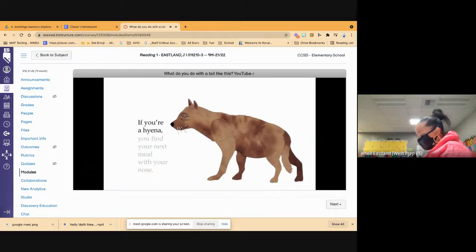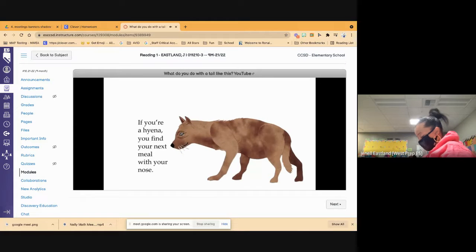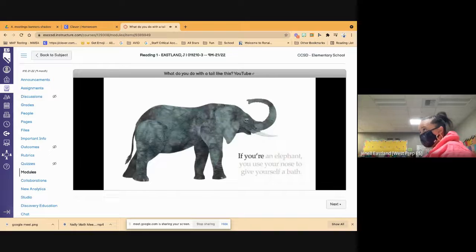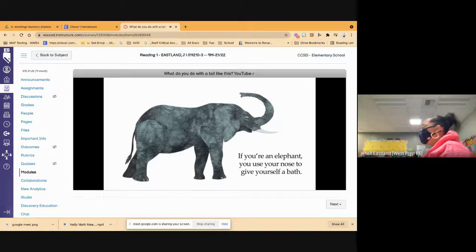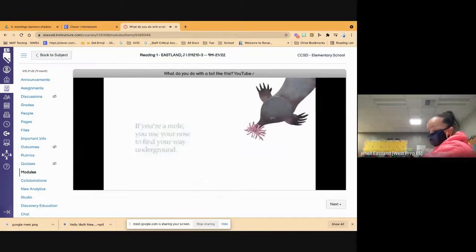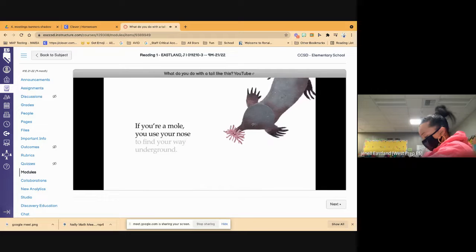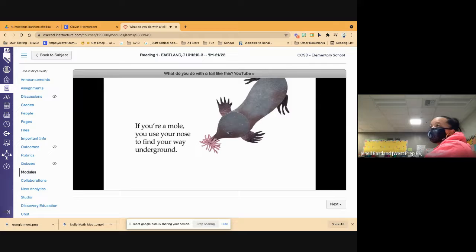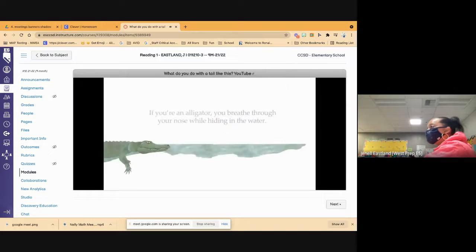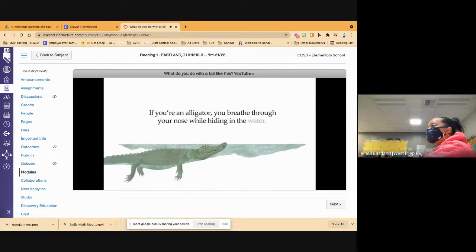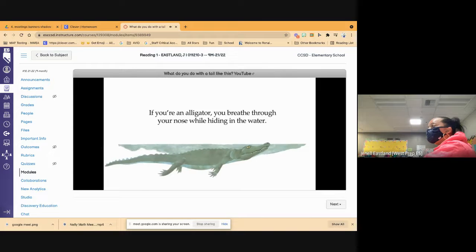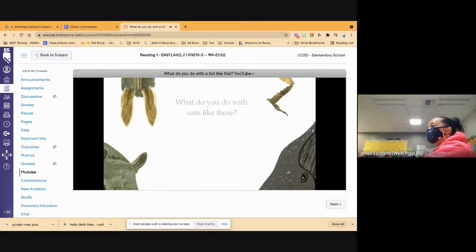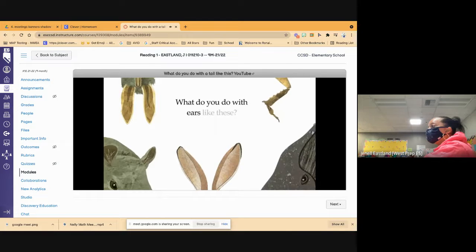If you're a hyena, you find your next meal with your nose. If you're an elephant, you use your nose to give yourself a bath. If you're a mole, you use your nose to find your way underground. If you're an alligator, you breathe through your nose while hiding in the water. What do you do with ears like these?